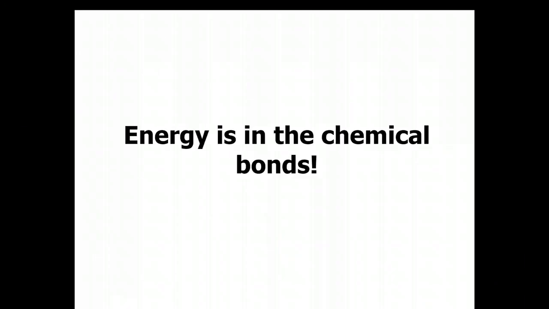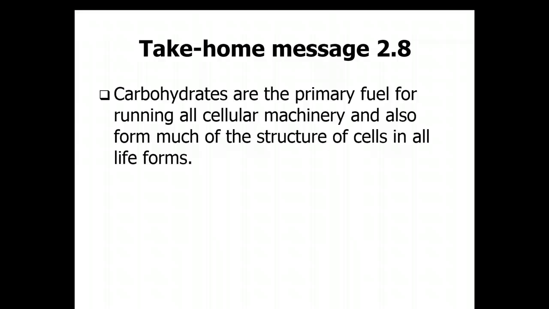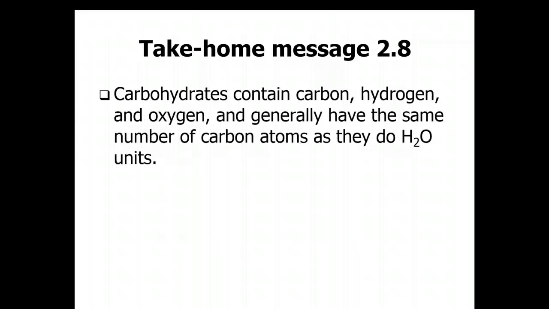So energy is the chemical bond, and chemical bonds are a good way of storing energy and then actually obtaining energy from them is when we break them. So carbohydrates are the primary fuel for running all cellular machinery and also form much of the structures and cells of life forms.